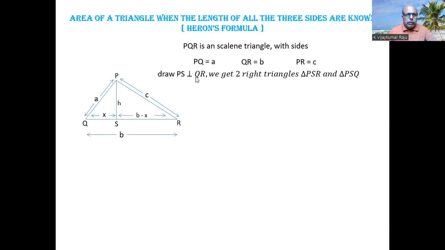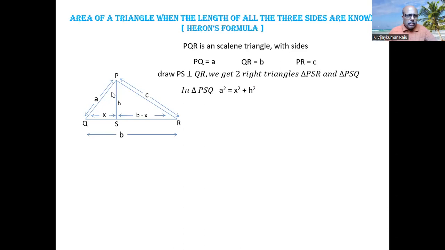Now, draw PS perpendicular to QR. This is PS, which is perpendicular to QR. So we get two right triangles here, PSR and PSQ. Let us see triangle PSQ. Because it's a right triangle, we apply the Pythagoras theorem.